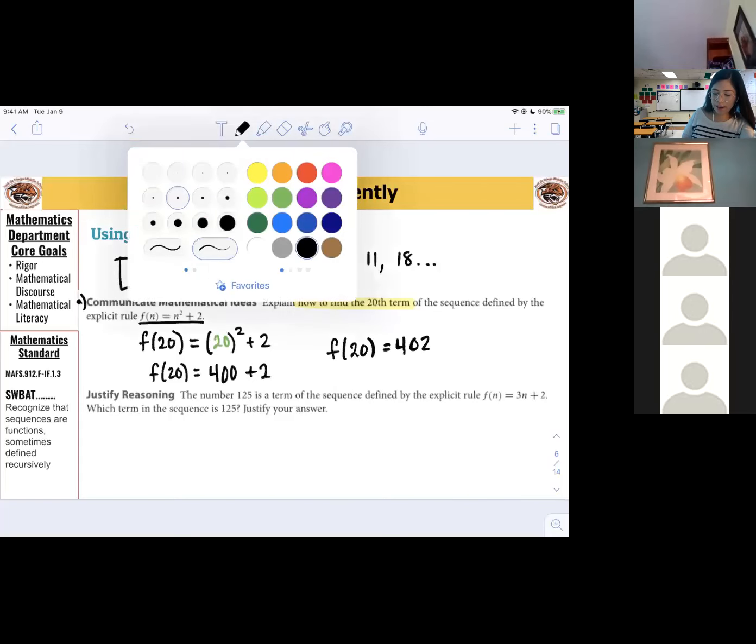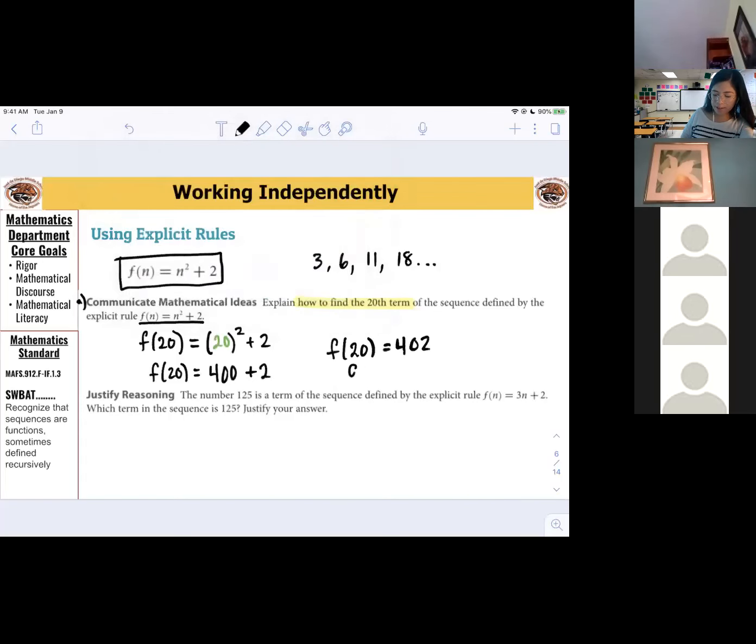So when I say f of 20 equals 402, or remember, sometimes you might see it like this, a of 20 is 402, I know that this means that the 20th term in the sequence is 402.